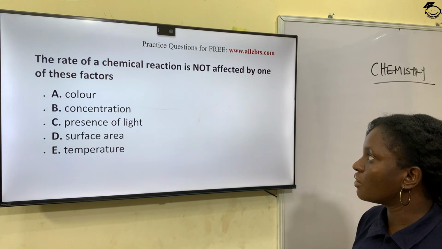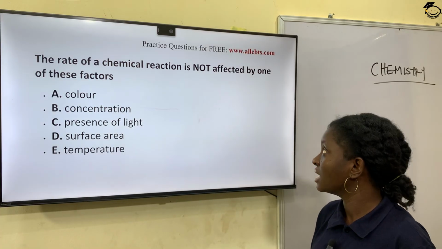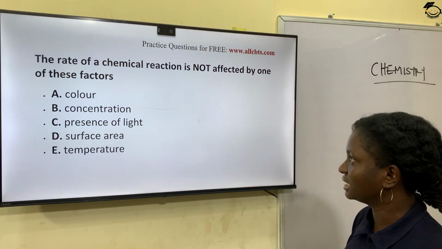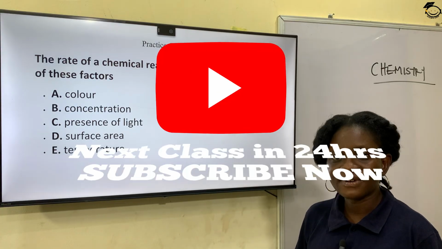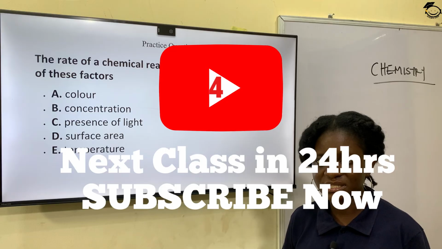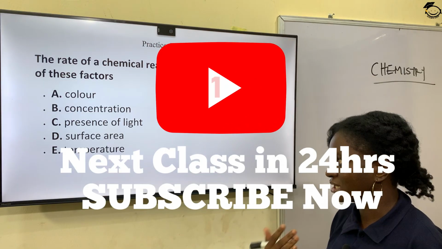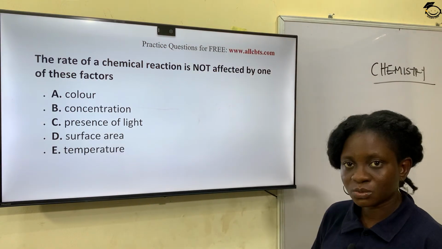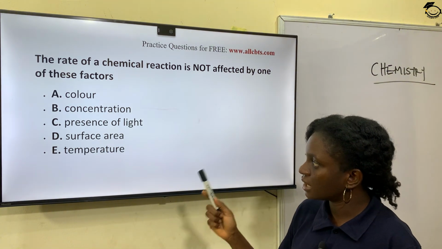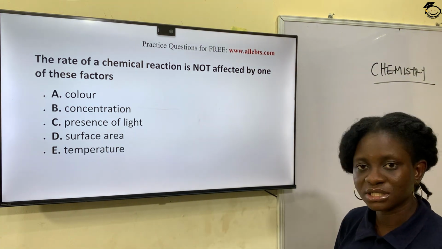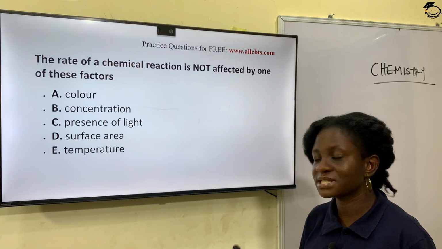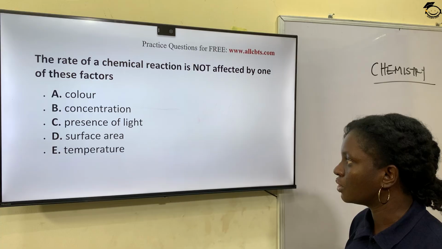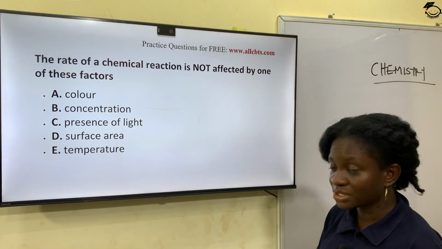The rate of a chemical reaction is not affected by one of these factors. So what are the factors that affect the rate of chemical reaction? Except one. So we have A, color, B, concentration, C, presence of light, D, surface area, E, temperature. Concentration increases the rate of reaction.